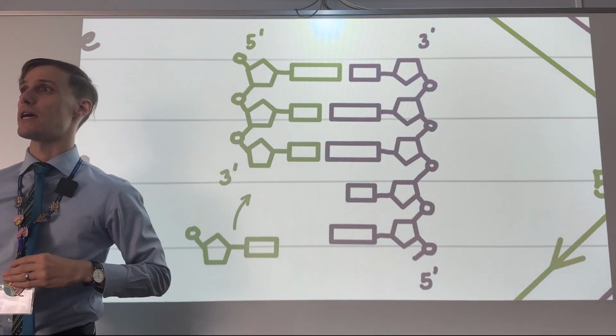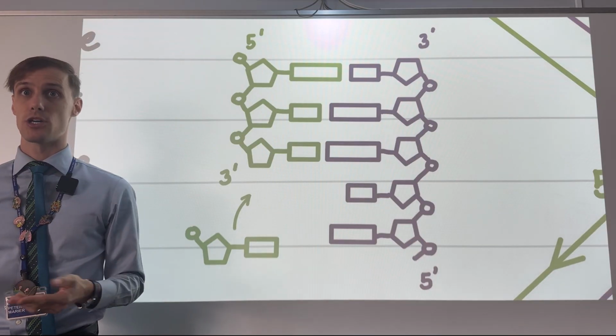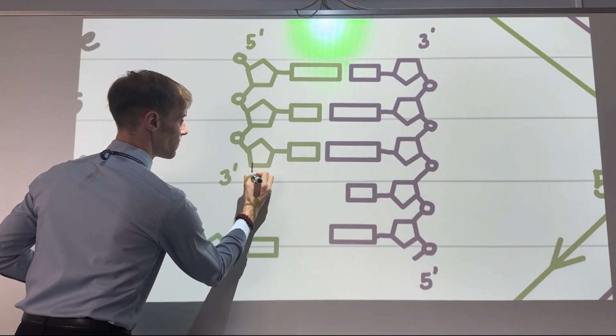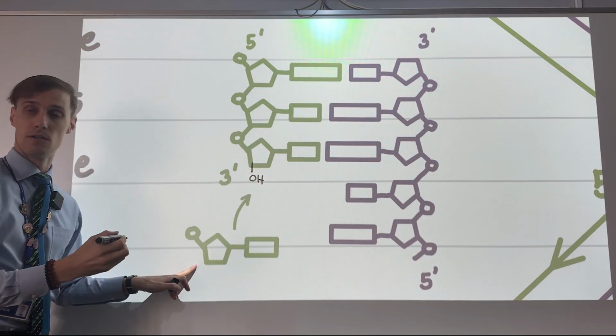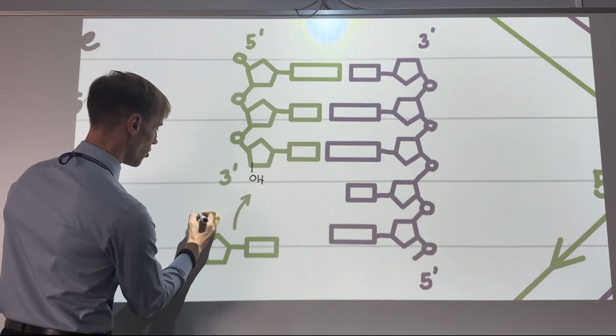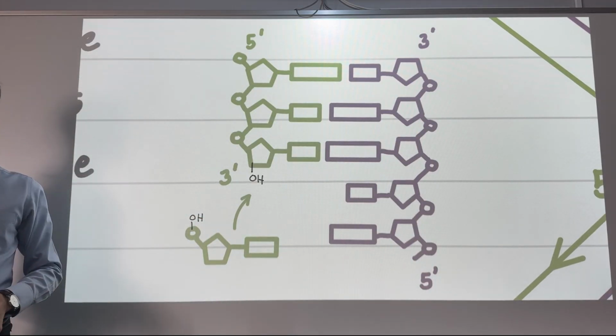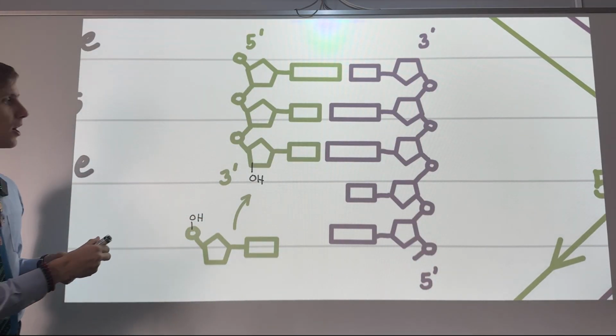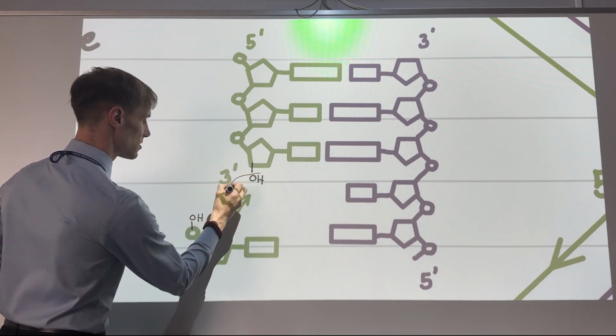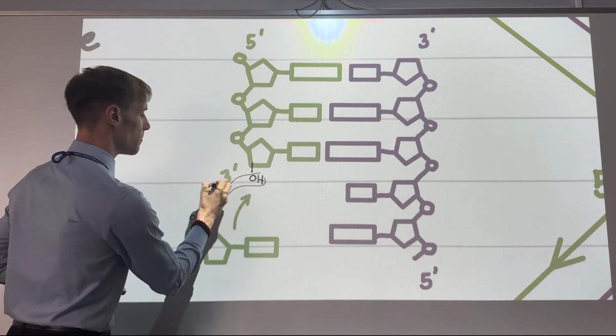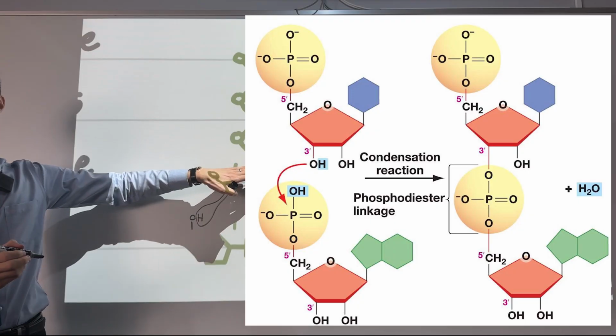Remember when we looked at condensation reactions, we said that this had an OH right here. This had an OH right here, right? So what's going on here is that this and this are ultimately going to come out in order to link it together.